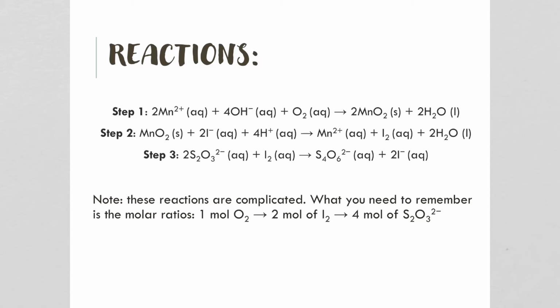If you take a look at each of those reactions, 1 mole of oxygen interacts with 2 moles of iodine, which interact with 4 moles of S2O3 2-. So that's the ratio you need to know. That is a 1 to 2 to 4 for oxygen, iodine, and then S2O3 2-. And that's all you'll need to do for a question on a potential assessment.